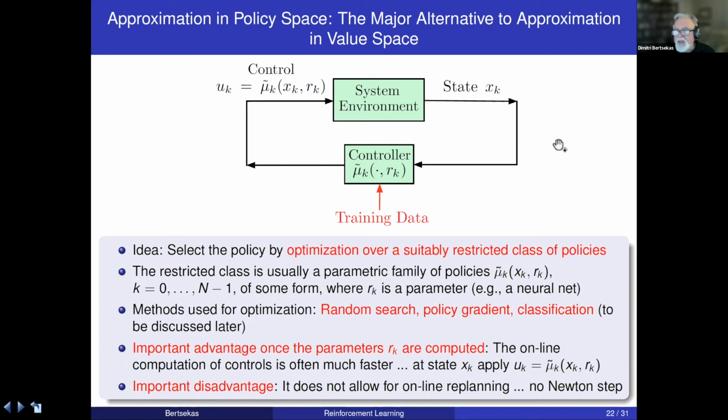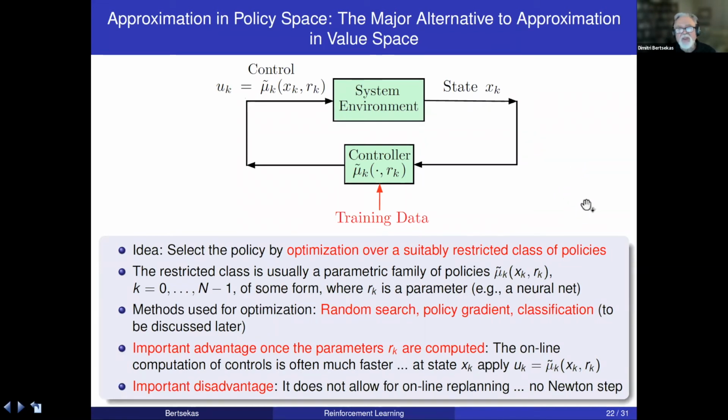If you apply decisions, say one every week, then you do have time. But if you apply decisions one every minute, you don't have time because this is a difficult training problem. Okay, thank you. So ordinarily, approximation in policy space is viewed as an offline training process.